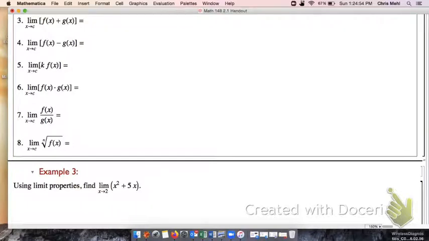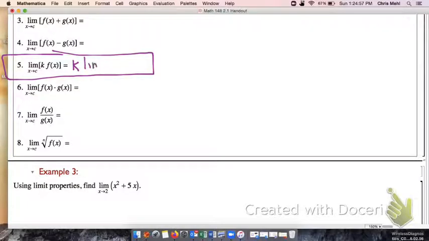Now we've got 5 through 8. For this one, if you have the limit of a constant k times a function, it turns out that you can just pull the k out front and then calculate the limit.